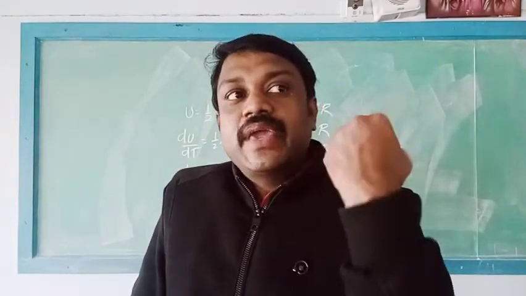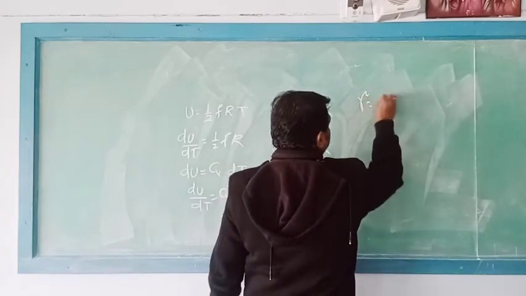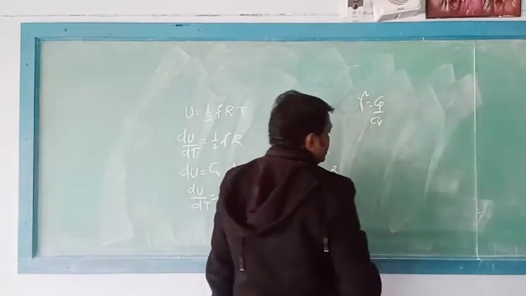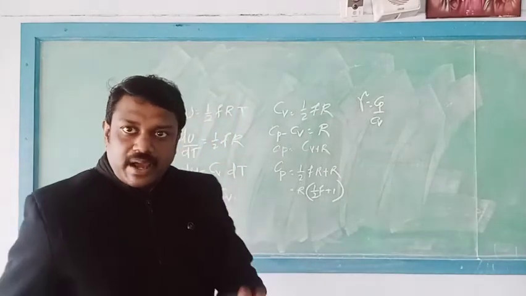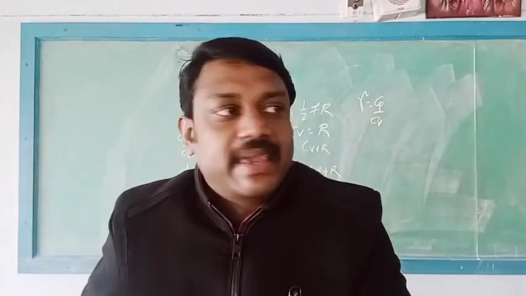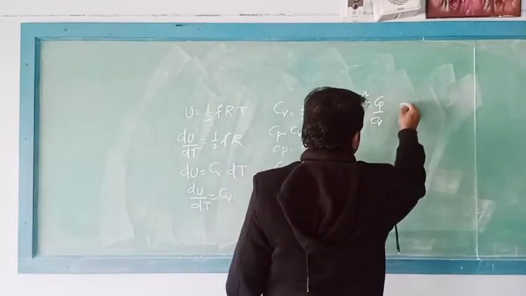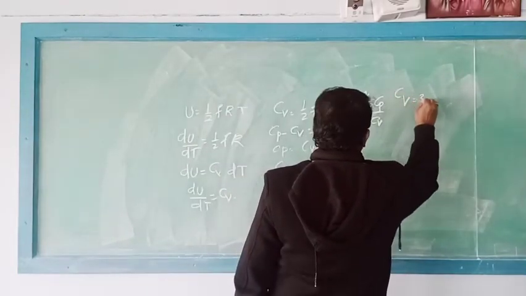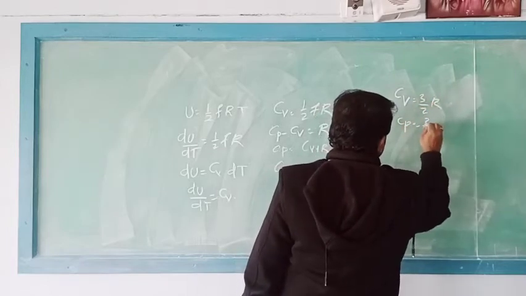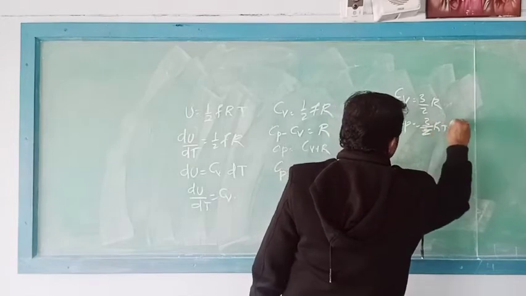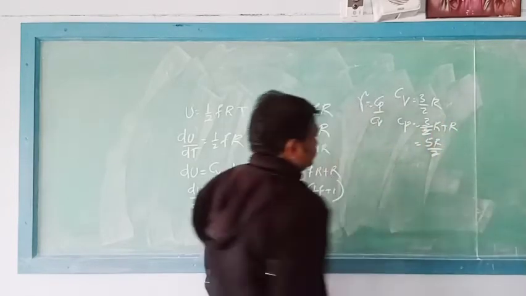When you know Cp and Cv, you can have gamma. Gamma is equal to Cp by Cv. For a monoatomic gas, F is equal to 3. So Cv is equal to 3 by 2 R and Cp is equal to 3 by 2 R plus R, that means 5R by 2.